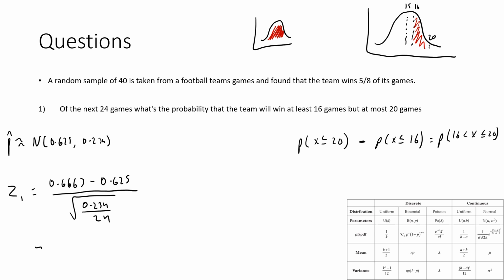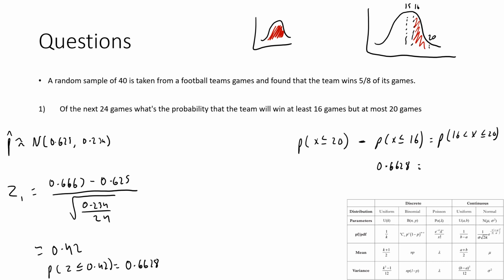And that gives us 0.42. So the probability of z being less than or equal to 0.42 is 0.6628. We can put that in this equation, 0.6628.